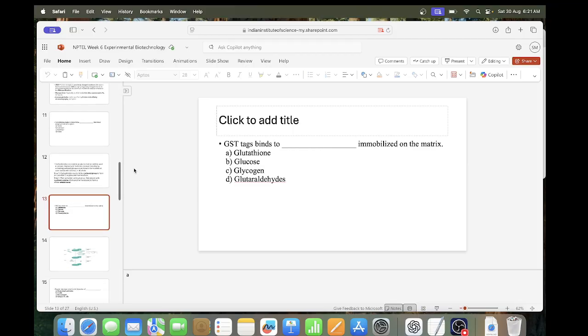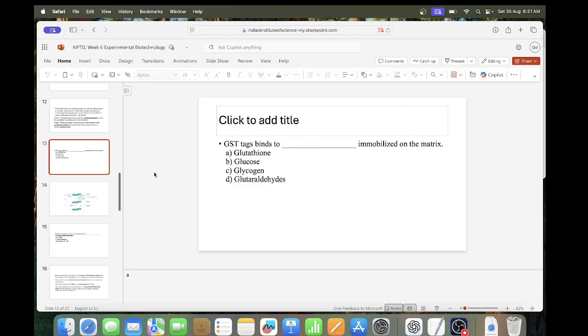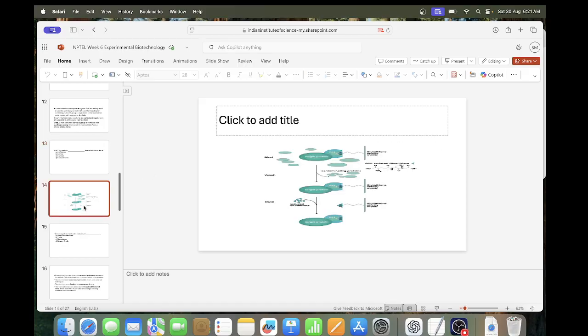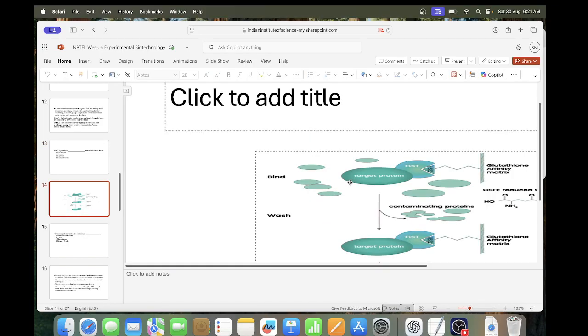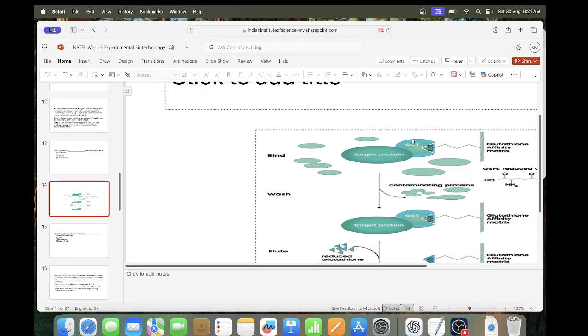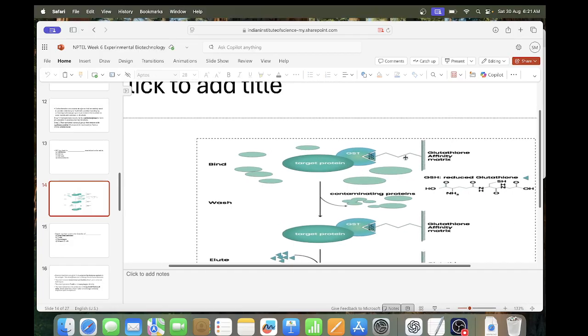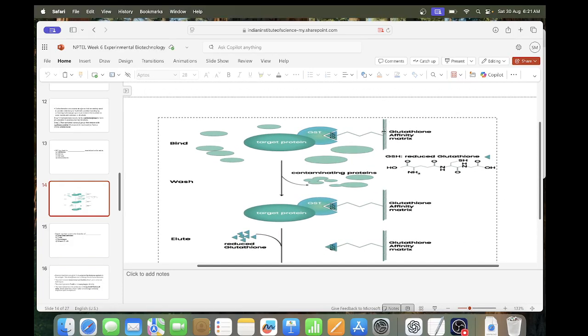Apart from helping to solubilize your protein, GST can also be used specifically to elute. So that is shown here. This is our protein with GST, and we have this glutathione affinity matrix.